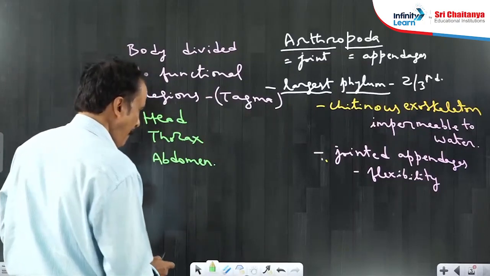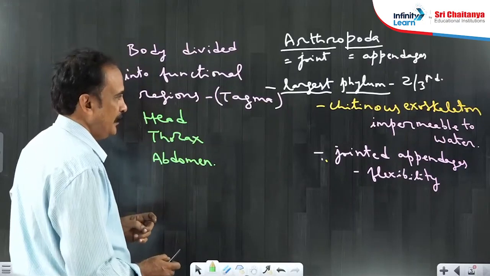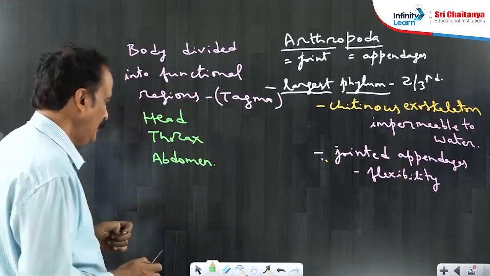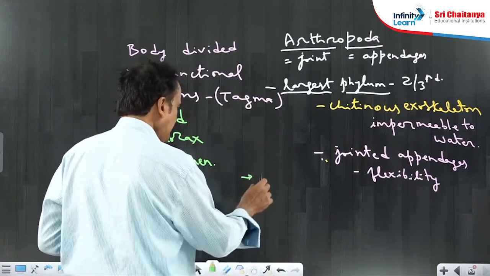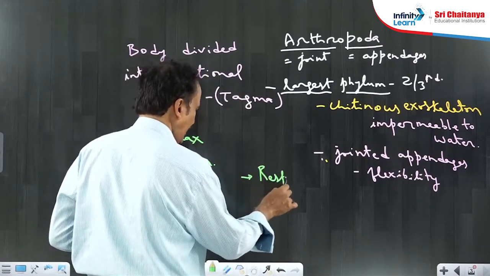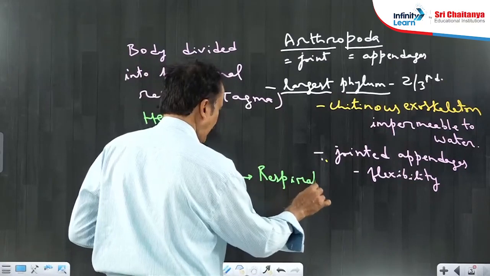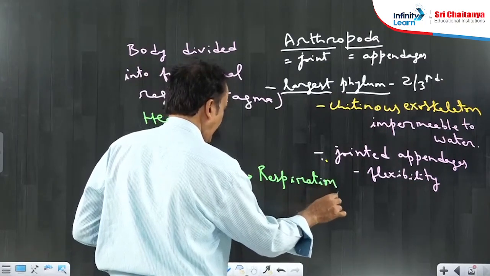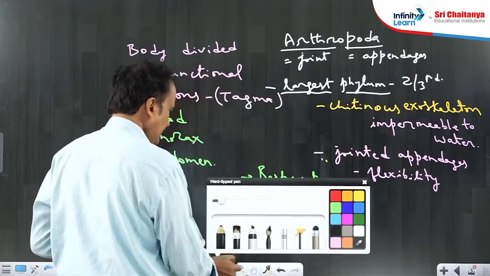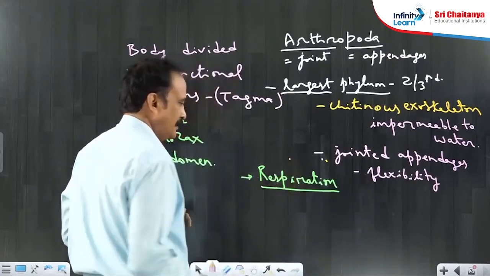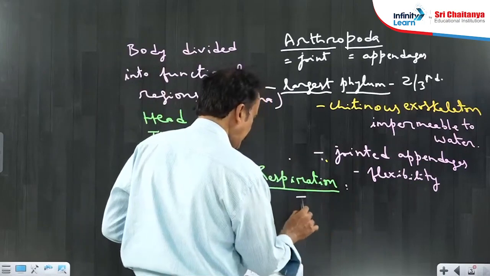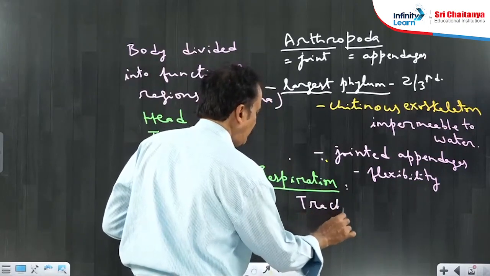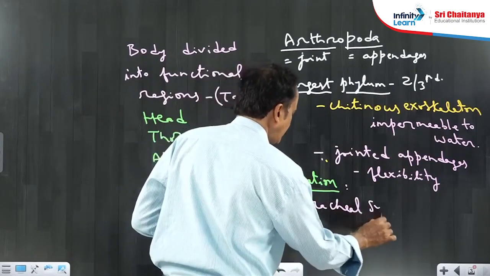And in this phylum, we will be learning in detail about the structures related to respiration and excretion. Respiration, as you know, is carried out with the help of tracheal system.